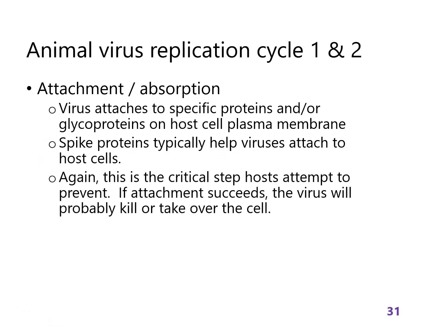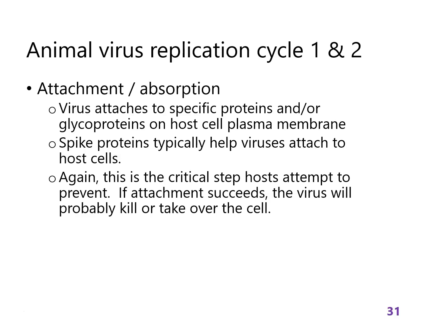So again, the first step in replication of an animal virus is going to be attachment or absorption. Absorption is kind of the word we use when we talk about a small thing sticking to a larger thing, and that really is what it's like when a virion sticks to a host cell. But they mean the same thing in this case.